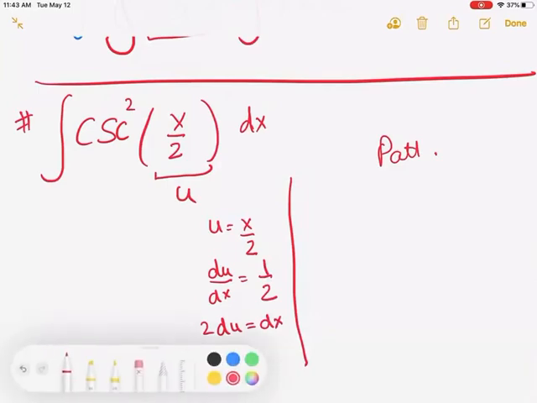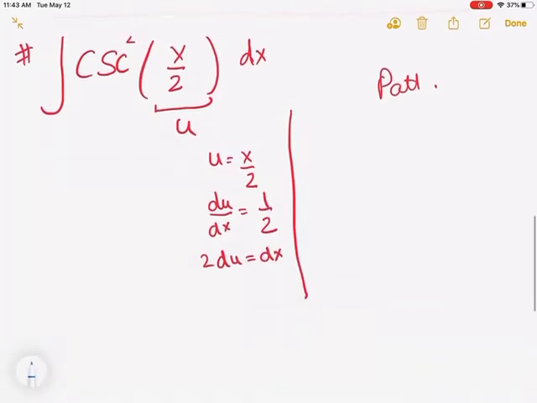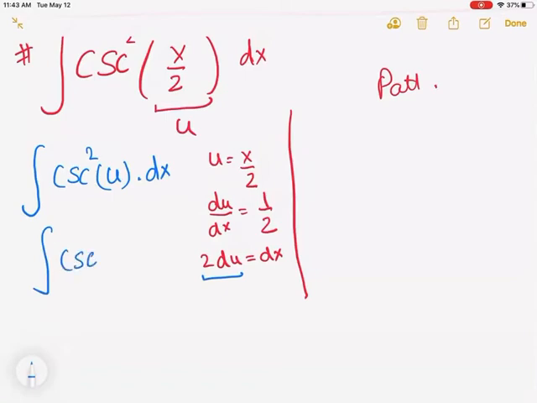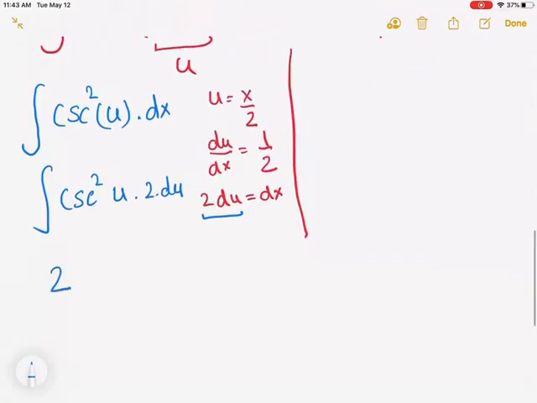Back to my original. This is the integral, this is cosecant squared, this is u, and this is dx. Now I need to replace dx with this piece here. So that would be cosecant squared u, 2 times du. Now I would factor out 2, the integral of cosecant squared u du.